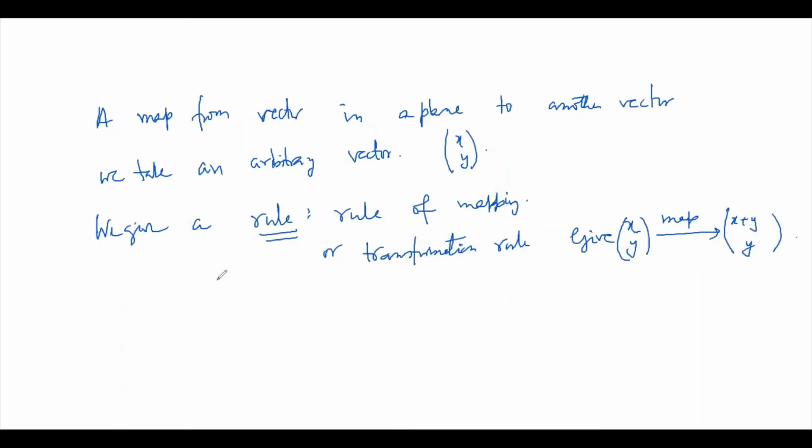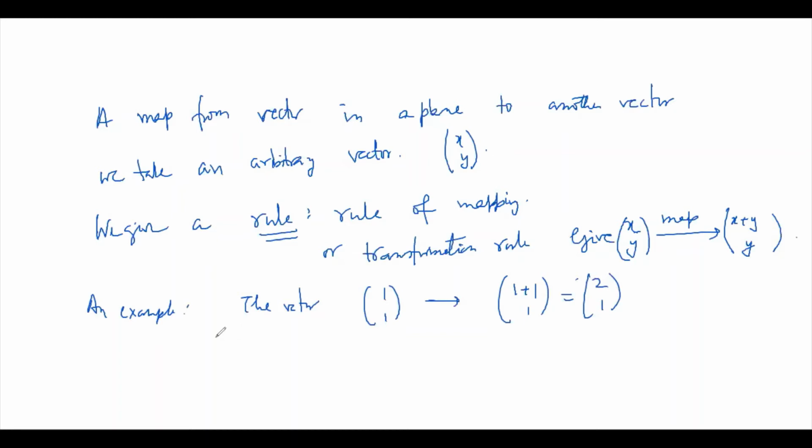So let's see geometrically what's happening. Take an example. The vector (1, 1) gets mapped to (1 plus 1, 1), which is (2, 1). And similarly for any vector. If you just draw this, (1, 1) is this vector, and then somebody tells you that it is associated with, we transform it to, this vector.